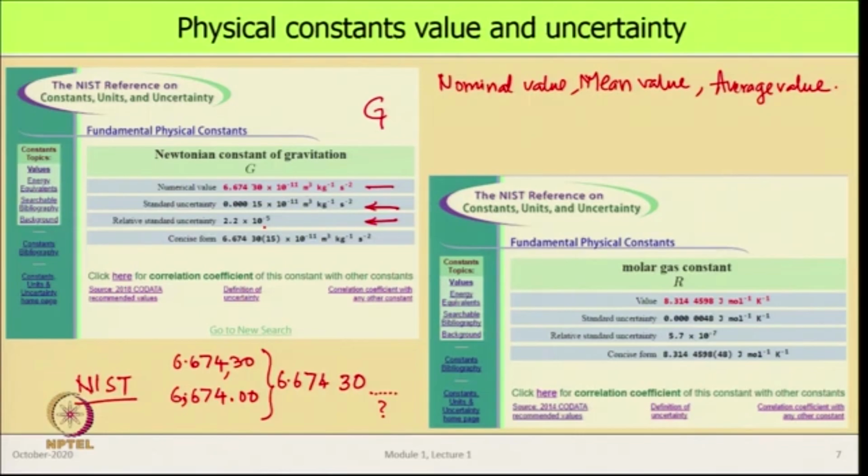And if you have to express this as a percentage, we multiply it by 100, that gives you 10 to the power minus 3, and this tells you that the relative standard uncertainty is 0.0022%, which by all practical means, compared to everything that we see in daily life, is negligibly small.